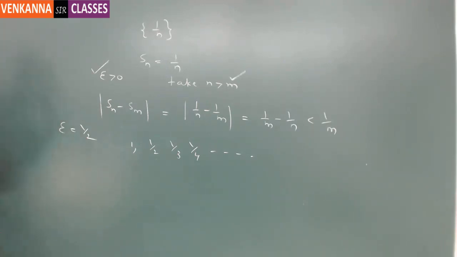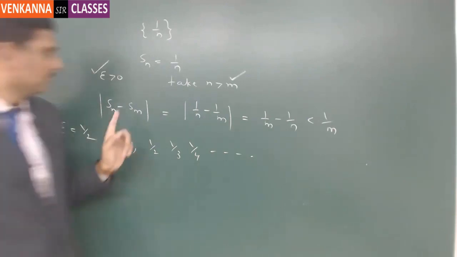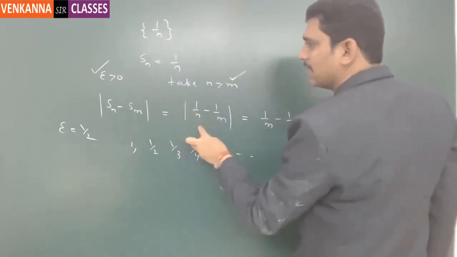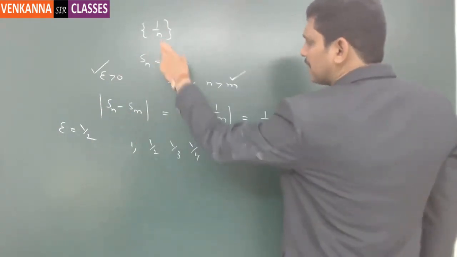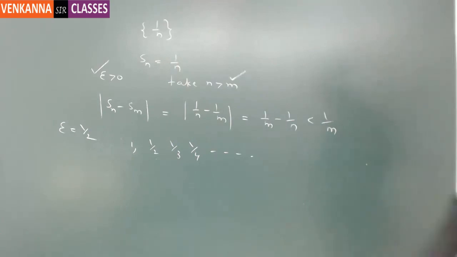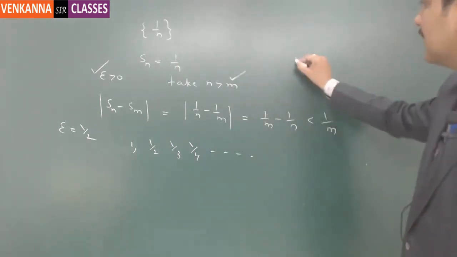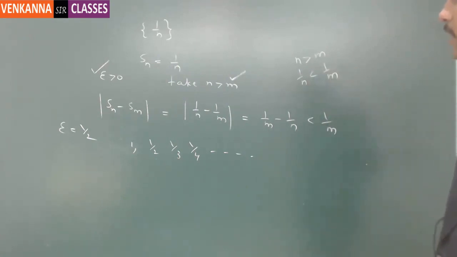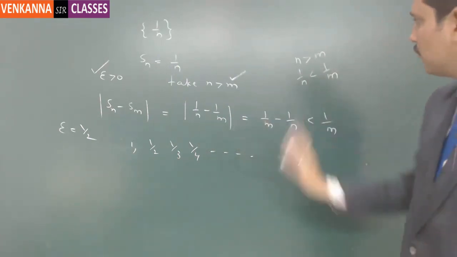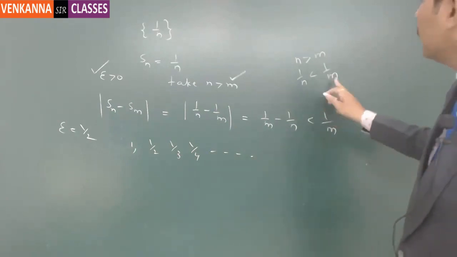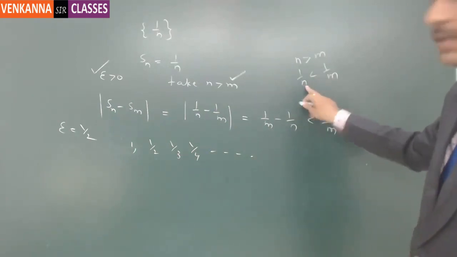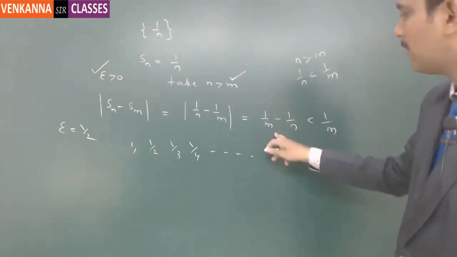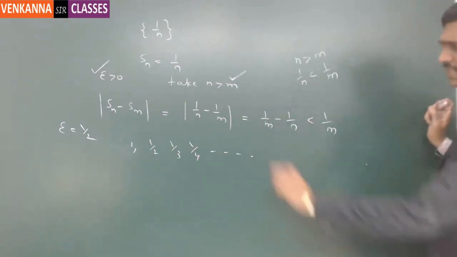Okay, so this is the simplification. Sn means the nth term of the sequence 1 by n, Sm means the mth term of the sequence 1 by m. Since n is greater than m, 1 by n is less than 1 by m. So if you consider the difference, you are subtracting a bigger number from a smaller number. Since it is modulus, you can write it with a negative sign, so it will come as 1 by m minus 1 by n. Please understand, it is a number.